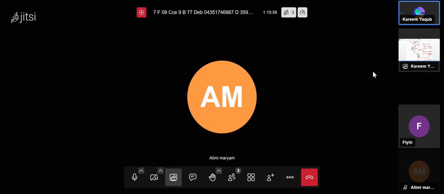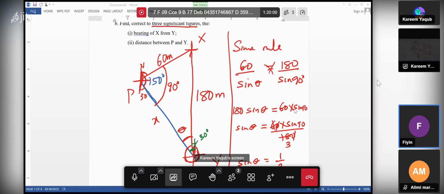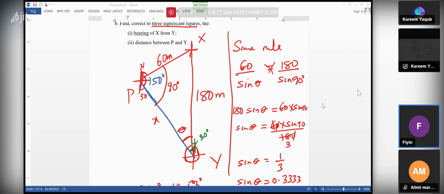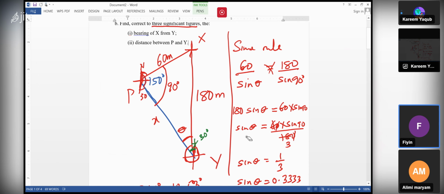Which formula rather? We want to find the distance between P and Y. Is it going to be sine rule or cosine rule? Cosine rule. Why?